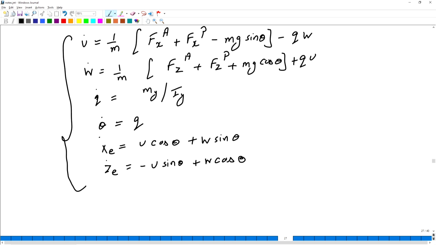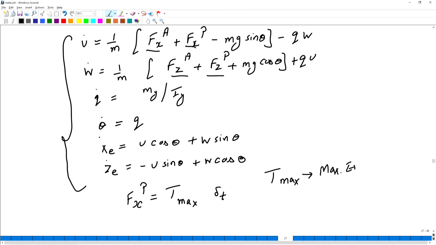So here we need to model these forces and moments that we are seeing over here. We assume that thrust forces are acting through the aircraft CG in body x axis. So we can represent propulsive forces as Fxp equals to Tmax into delta T, where Tmax is the maximum engine thrust and delta T varies from 0 to 1.